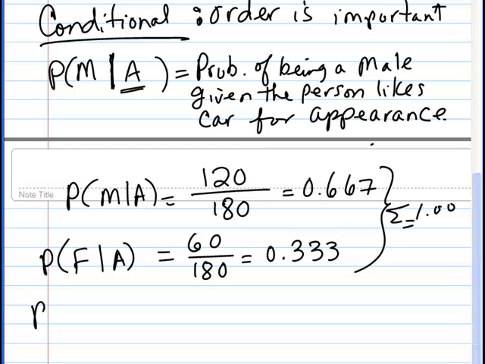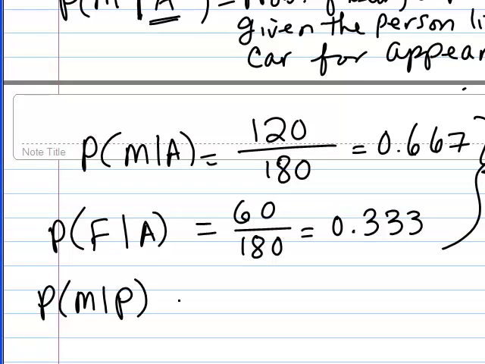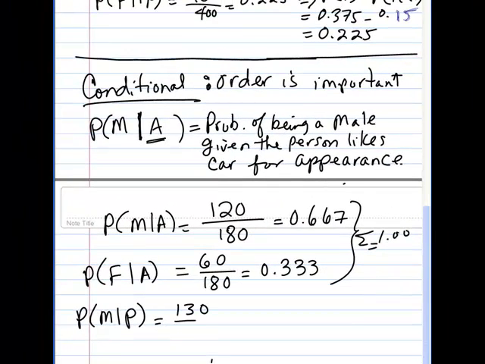Now, by the same token, we can compute the probability that you're a male given that you buy a car because of its performance, and that is 130 out of 220. Why?